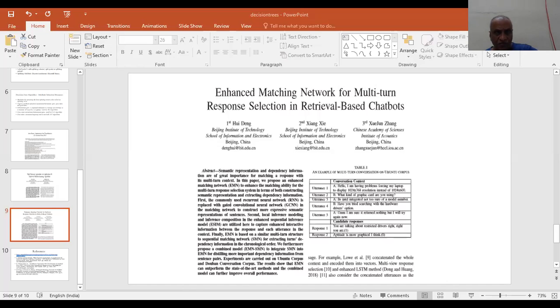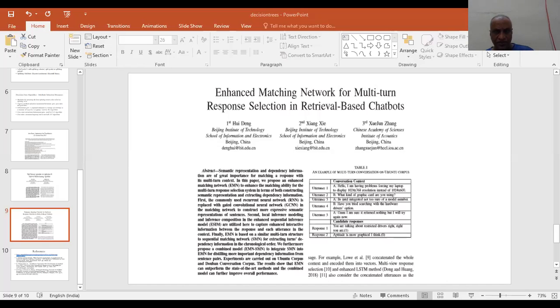There is one more paper. Why I'm showing these papers is that I found use of decision trees or its variations in these papers, and I found these papers interesting. So I am just recommending going through them.